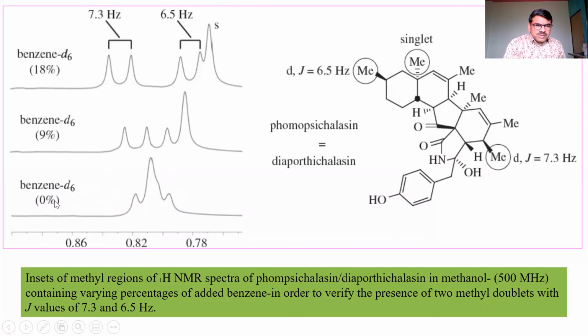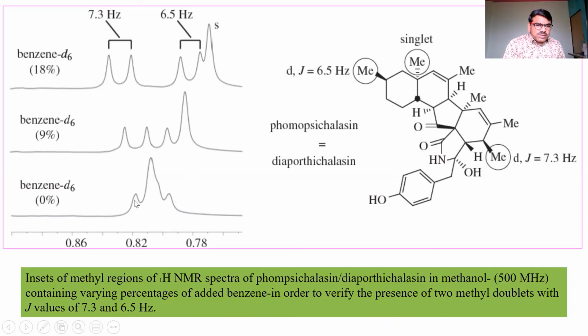You can see this one. Benzene, when we take the benzene, you are getting this kind of spectra. When we use 9% benzene, it is mixed with C6D6, deuterated benzene. So in the first case, a complex spectra was obtained when benzene is 0%. When benzene is 9%, this complex spectra changes and you get this simplified.